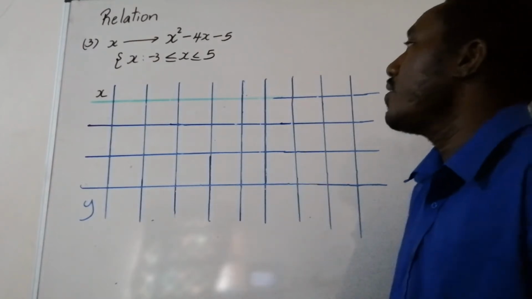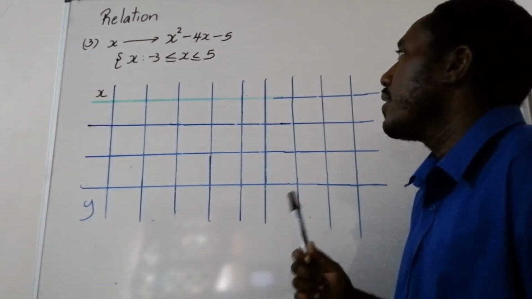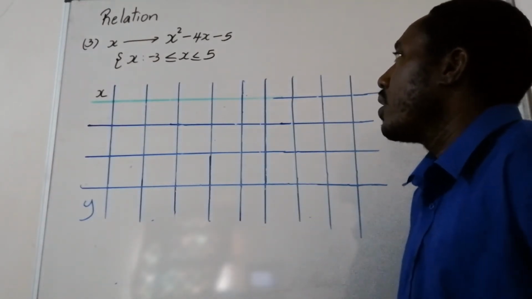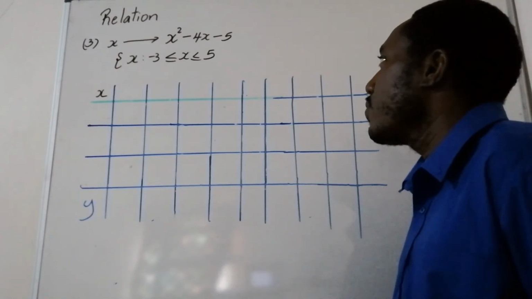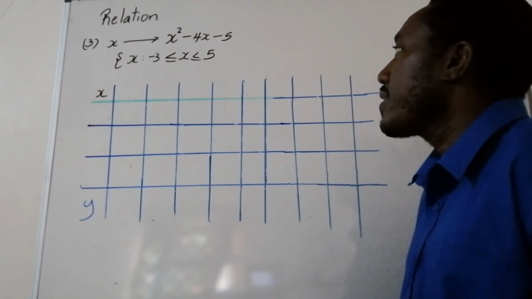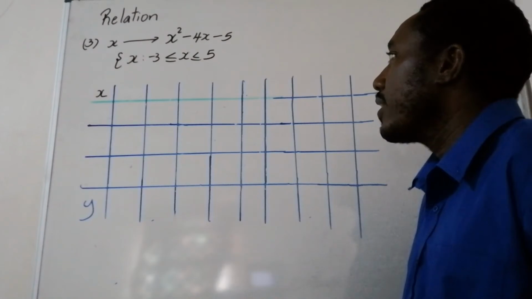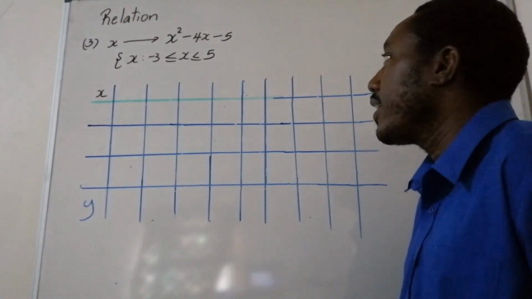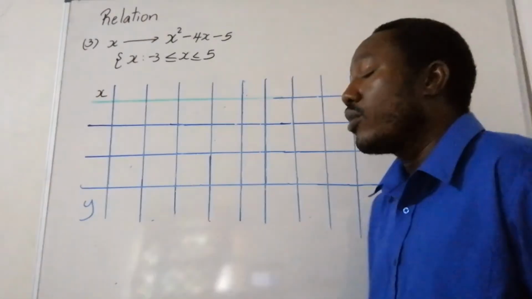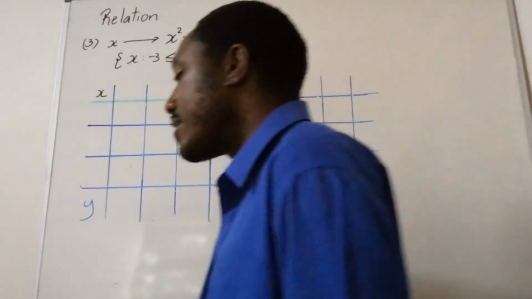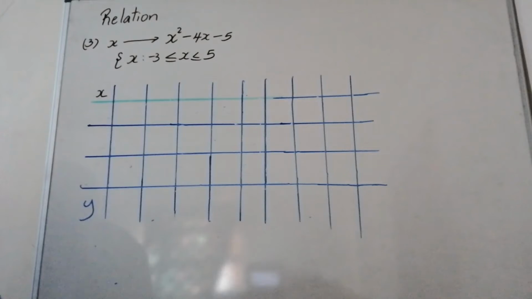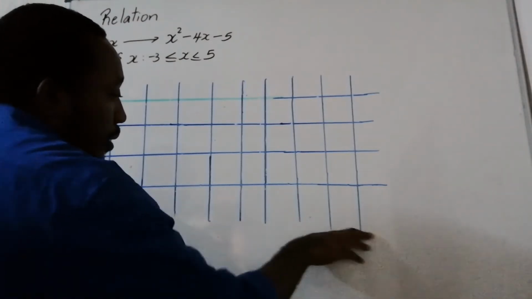In this relationship, it says that x is mapped onto x squared minus 4x minus 5, when x is such that x is more than or equal to negative 3 and less than or equal to 5. So let us use our table here to calculate our ordered pairs.